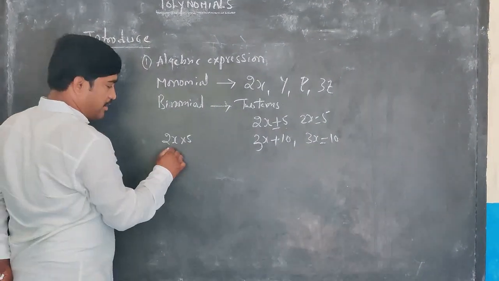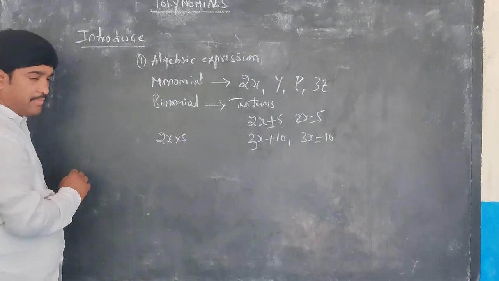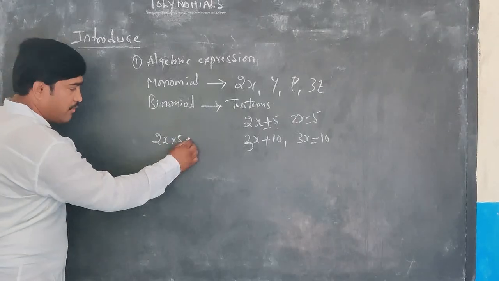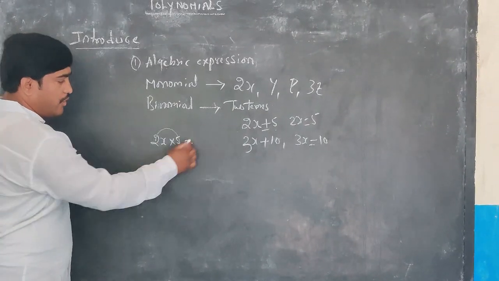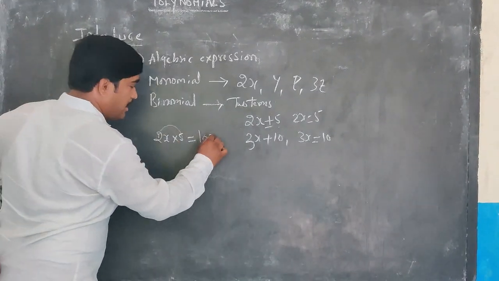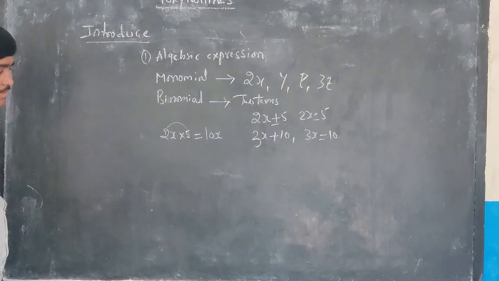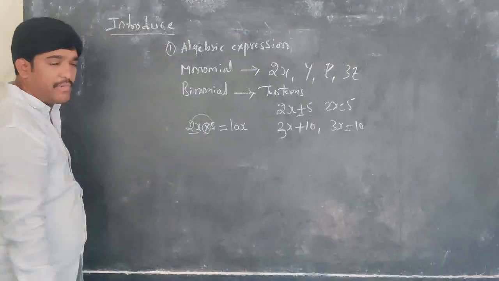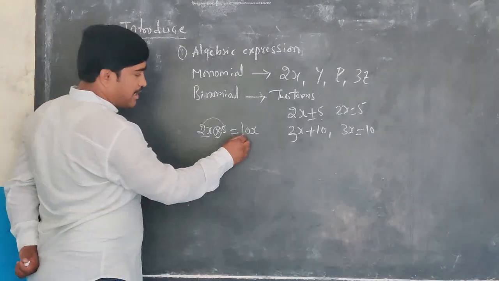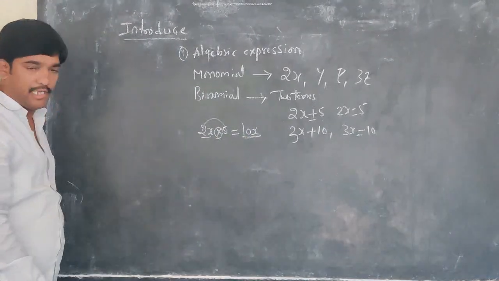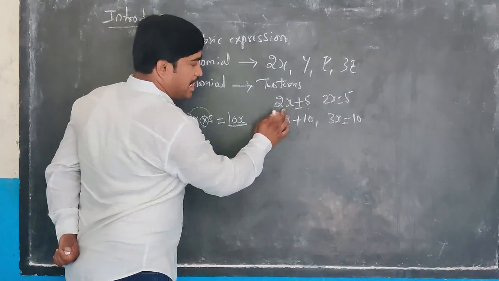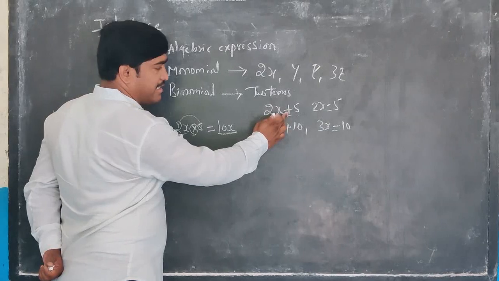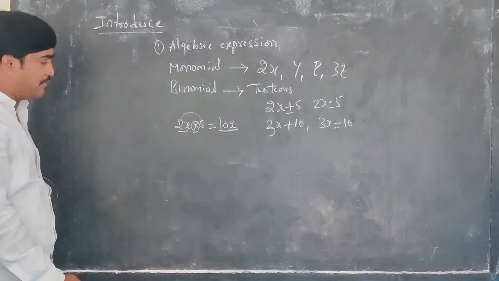Generally I say it doesn't, because in multiplication the terms multiply: 2 into 5 is 10, so it is 10x. If we use the multiplication symbol between any two terms, the result is again a single term. The terms will not go on increasing, so we use plus or minus between terms.